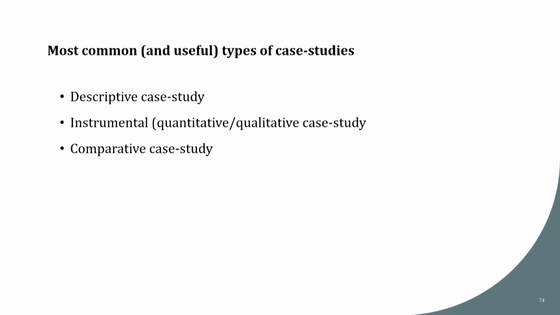The second one is called instrumental, that means using a case to shed light on a broader issue, like Paytm for digital finance. And then the third one is comparative, that is the comparative case study approach, that means examining multiple cases side by side, like Ola versus Uber in India.